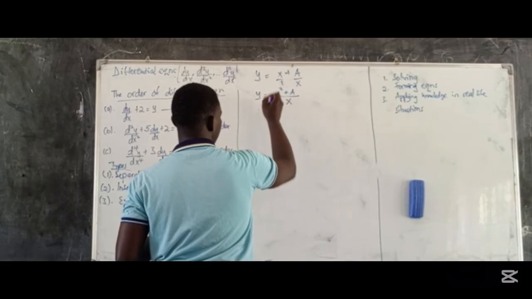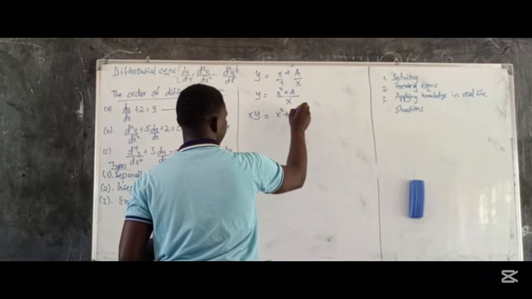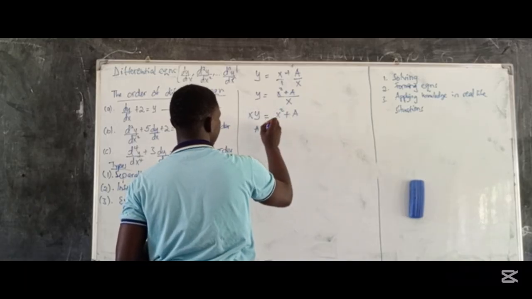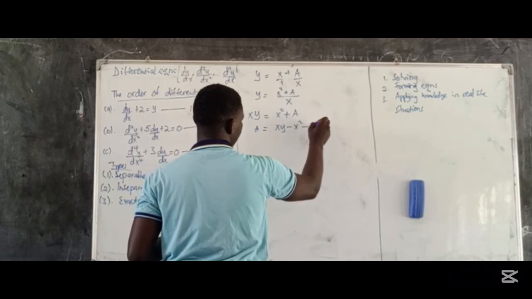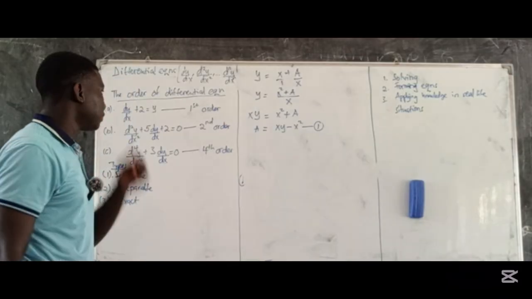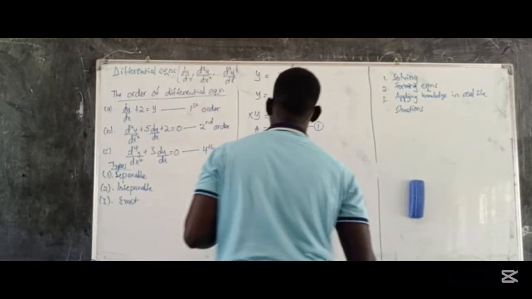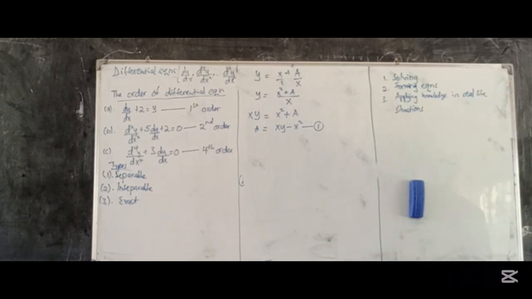Multiply: xy will equal x squared plus a. Make a the subject: a will equal xy minus x squared. I'm going to make this my equation 1. Now you can proceed with differentiating the two.